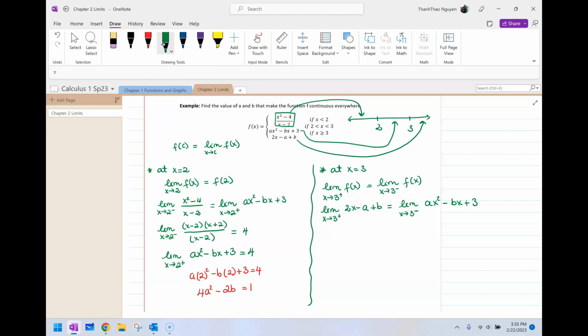Now because we have both polynomial functions, I can plug it in. 6 minus a plus b has to equal 9a minus 3b plus 3. So then 10a minus 4b has to equal 3.